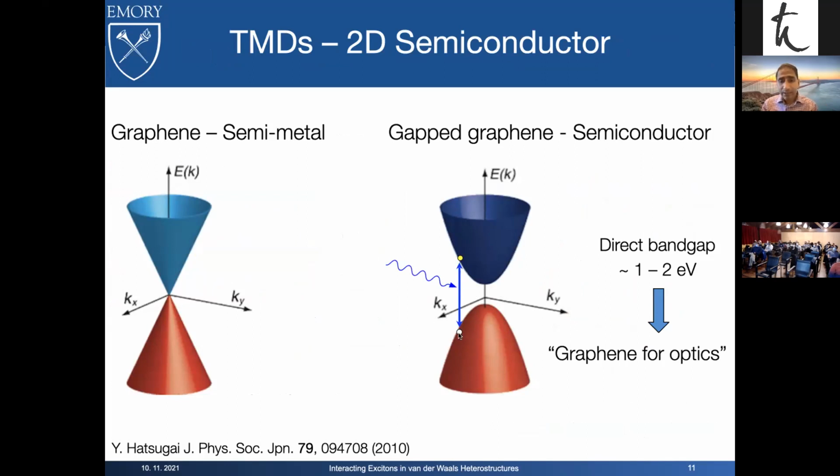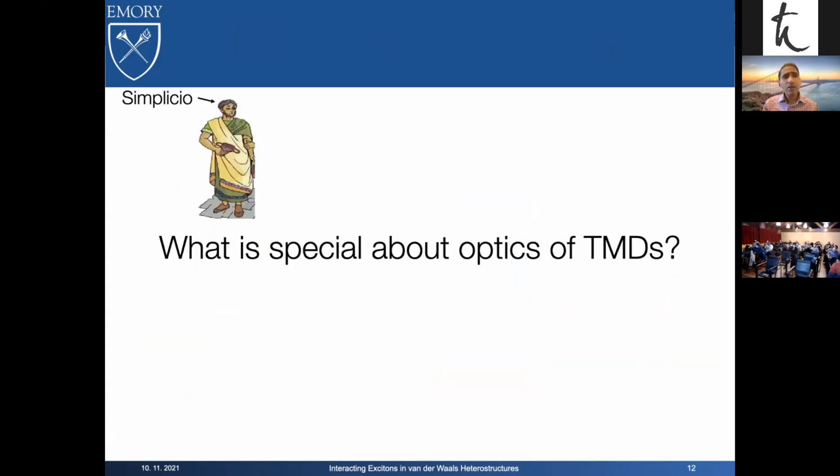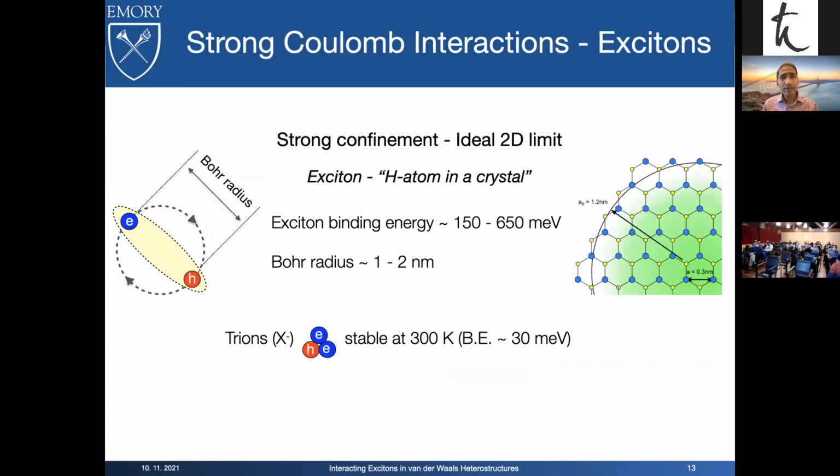So you can imagine creating electron-hole pairs across the band gap that form excitons. You might wonder, what is special about optics? Is it just like any other semiconductor? The first thing that comes to mind is that we are really in the two-dimensional limit. For all the excitations I'm going to generate, the electron-hole pair, the Coulomb interaction between them is going to be very strong, so screening is reduced.